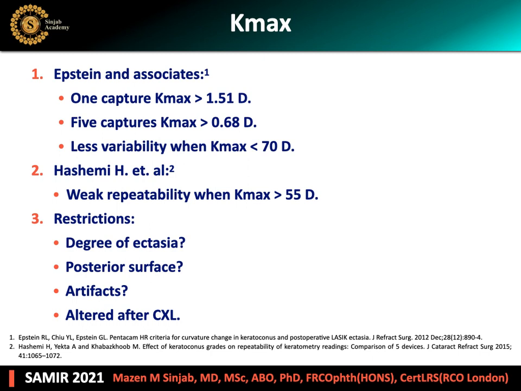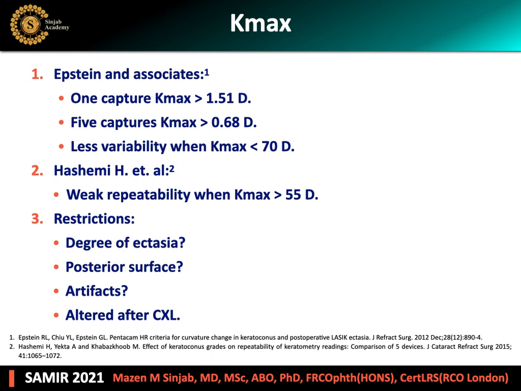Because according to Epstein and associates, if we are taking only one capture per visit, we have to consider a change of Kmax of more than 1.5 diopters in order to say there is a progression. But if we are taking 5 captures, then the noise of the machine can be reduced to as small as 0.68. So if it exceeds 0.68 diopters of a Kmax change, we can say it is progression.